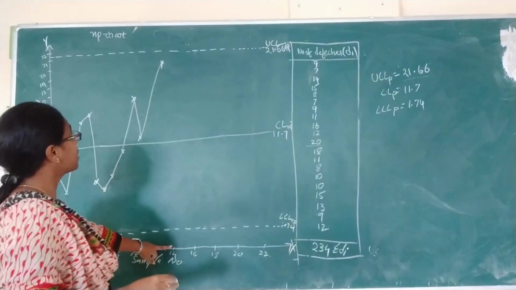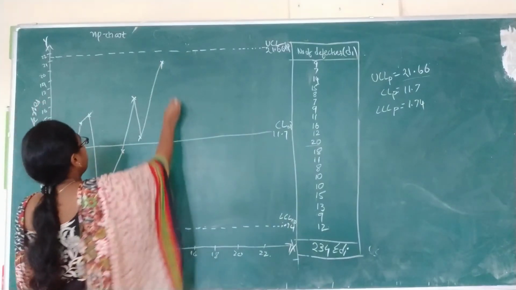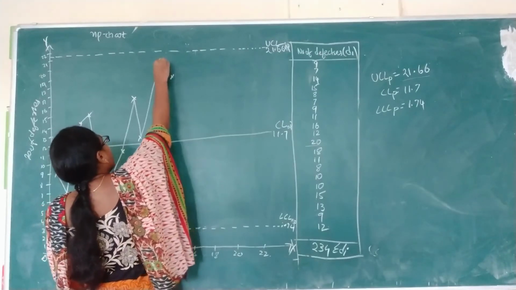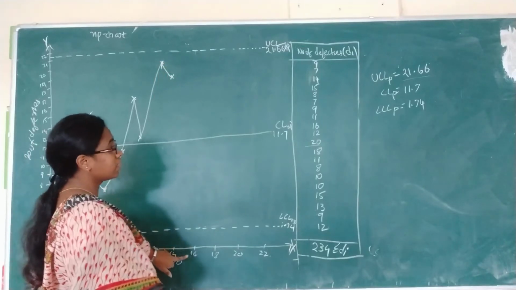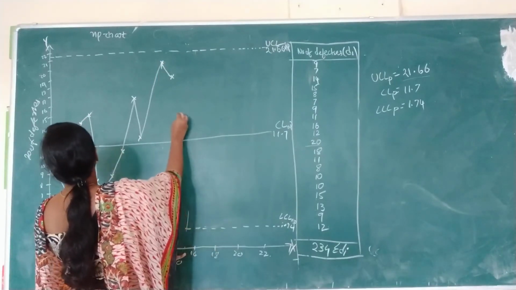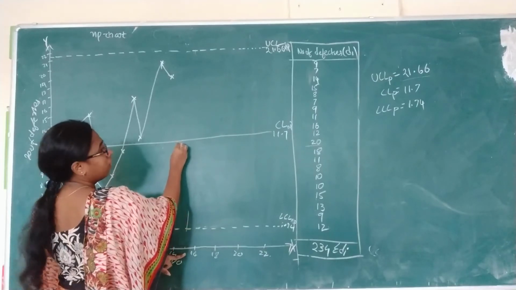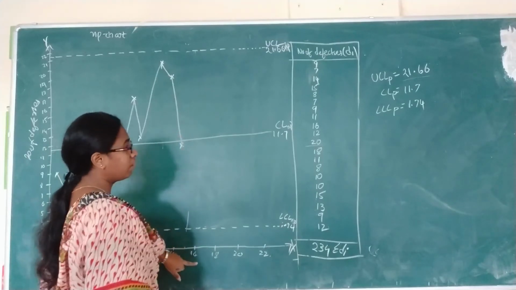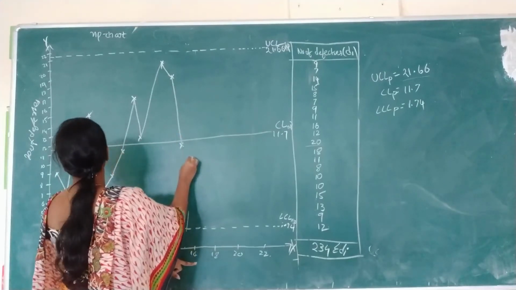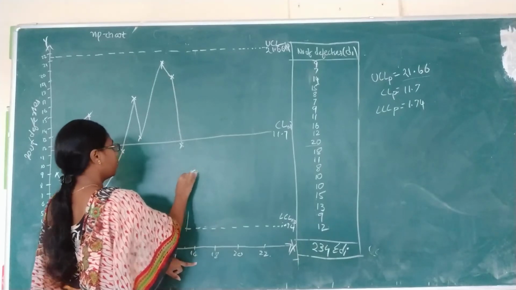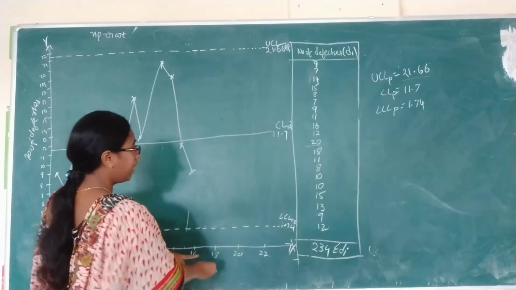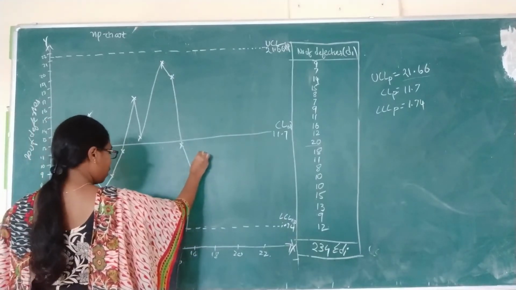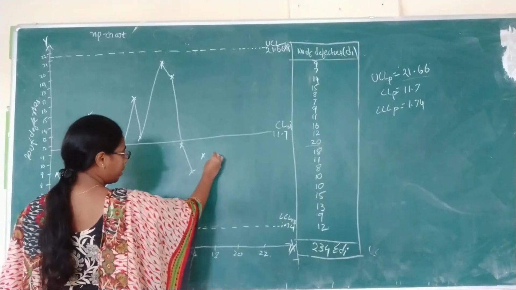For the next sample after 20 you have 18. After that the next one is 11. Then after that 8. Next after 8 you have 10. Next value is also 10.